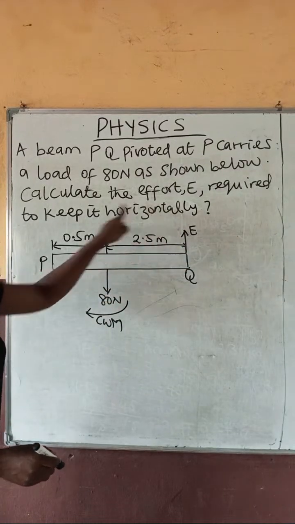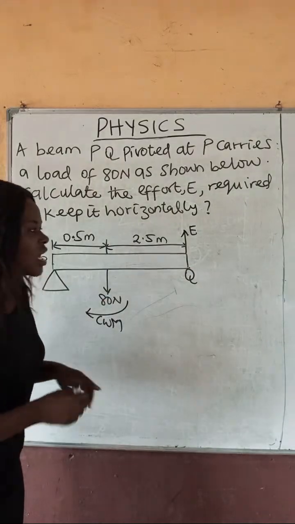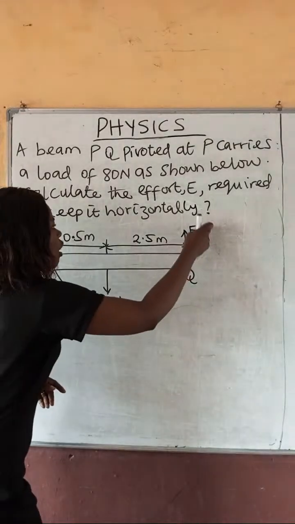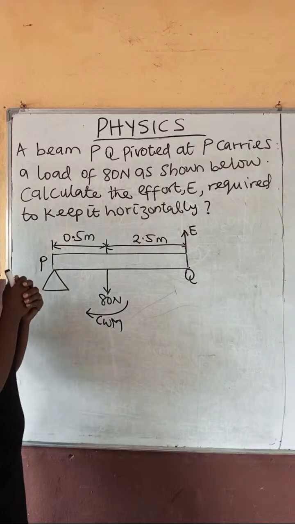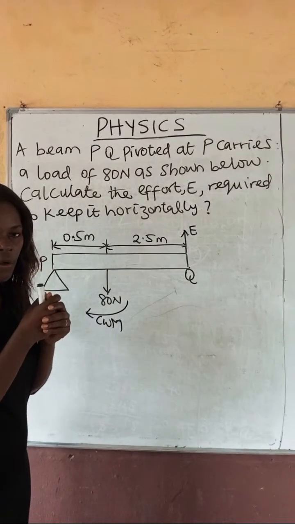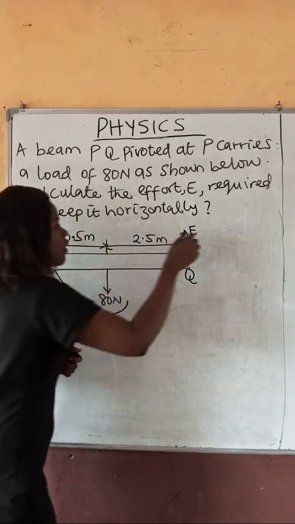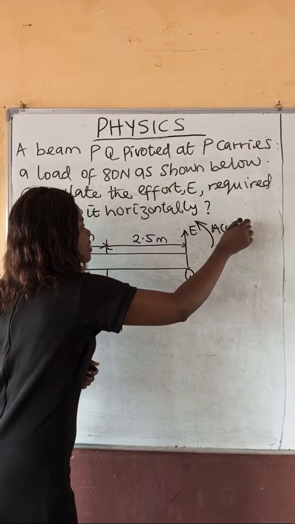This effort E goes up to meet these people. That means it is anti-clockwise. I told you that we can have anti-clockwise up and still have clockwise down, from positive and negative moments. So this becomes an anti-clockwise moment.